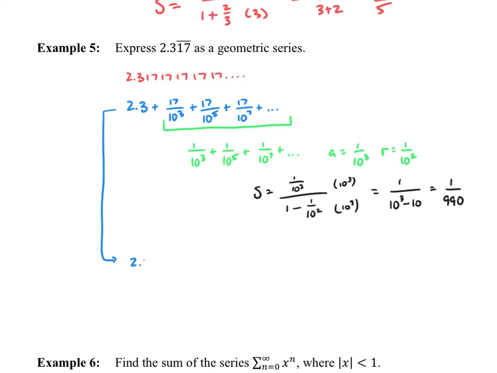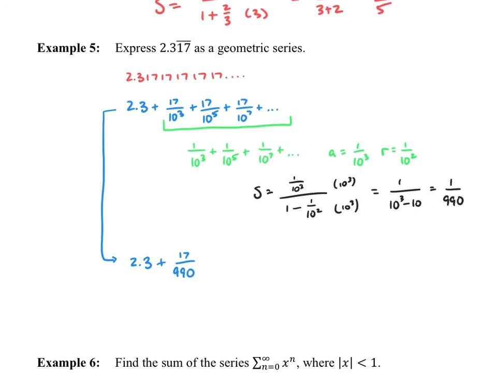So what I'm going to do is put all this together now. So we have 2.3 plus 17 times what we just got. So we have 17 over 990. And what we've done is taken this repeating decimal with a geometric series approach, written this as a small decimal, but then plus this fraction.